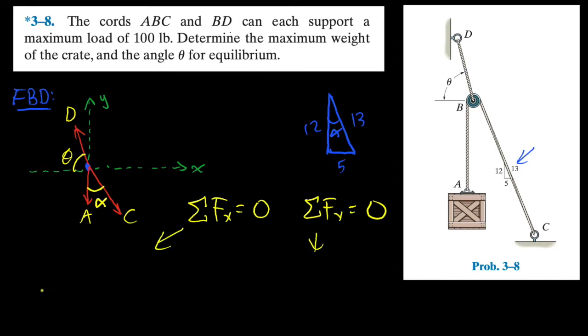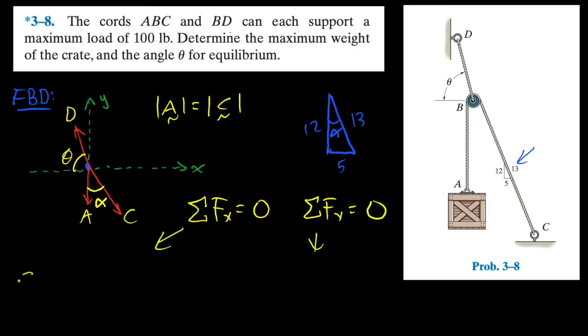Oh, before I do that though, I do want to mention one thing. Since this is a pulley system, the magnitude of vector A is the same as the magnitude of vector C. This is pretty evident because this is a pulley and this is the same string, which means that this force right here is the same magnitude as this force.